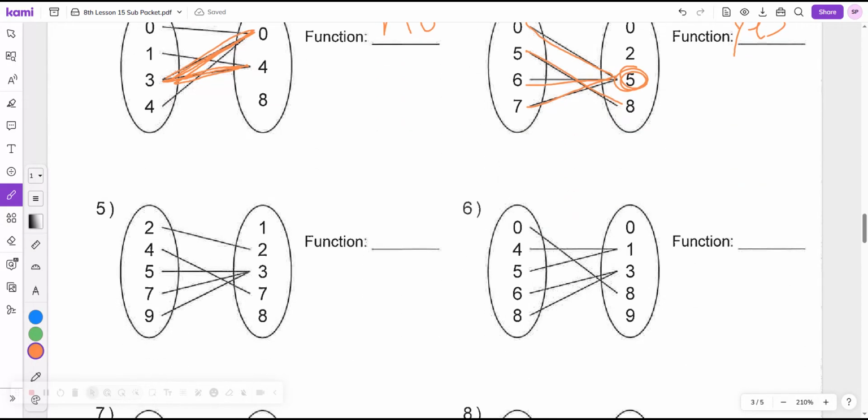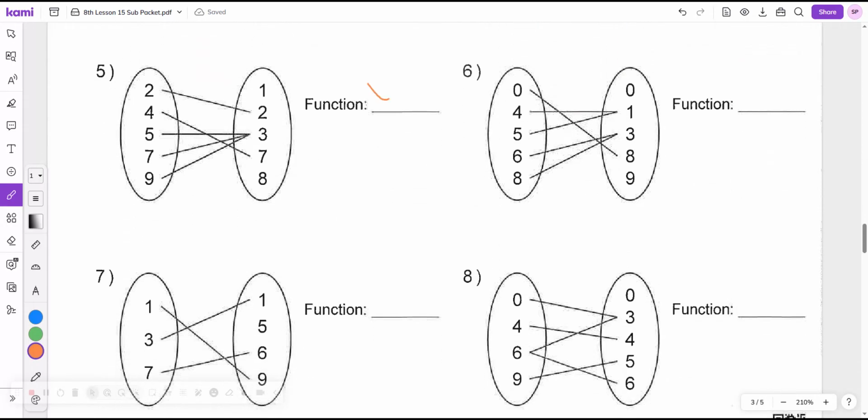All right, number 5, that looks good. Remember, this is okay. This is okay. You can have different numbers all give out a 3. Number 6 looks good. This is okay. This is okay. 7 looks good.